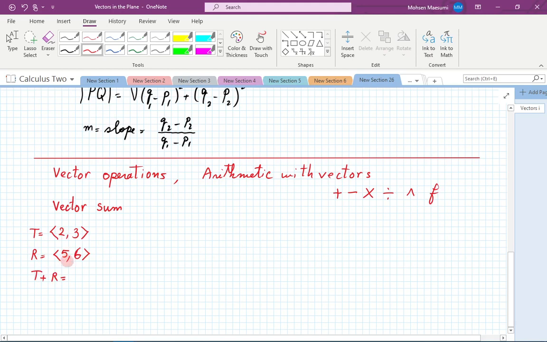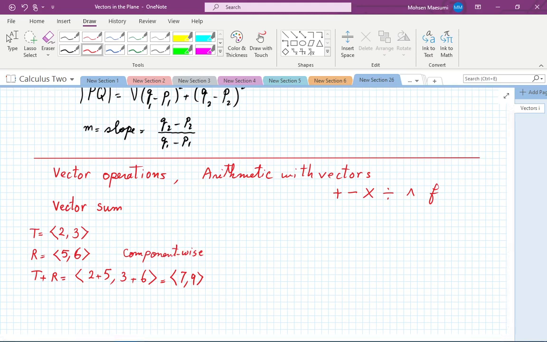You add up the first component, you add up the second component, and nothing other than that. 2 plus 5 and 3 plus 6. Well, of course, it's going to be 7 and 9. So this type of operation, we call it component-wise, which simply means first with first, second with second, and so on.